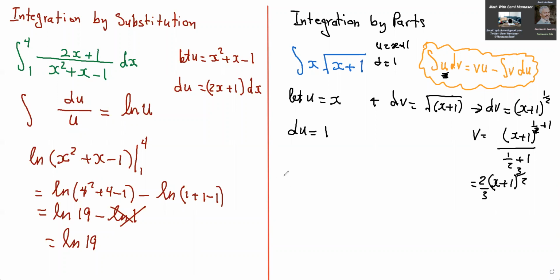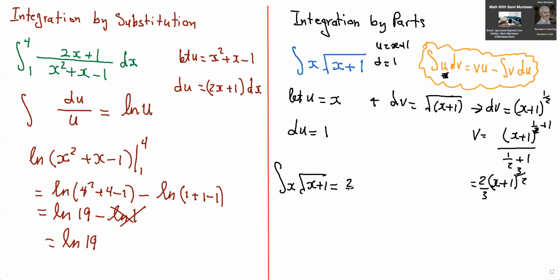So now let's go ahead and integrate. Integrating x square root of x plus 1 would equal v, which we already know now, it's this. That's what v is.